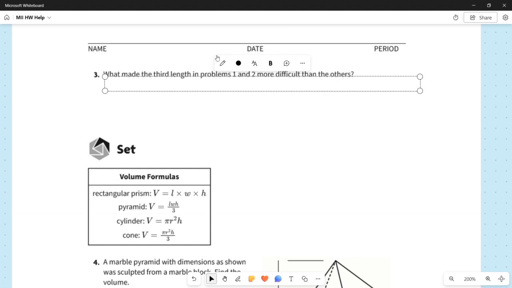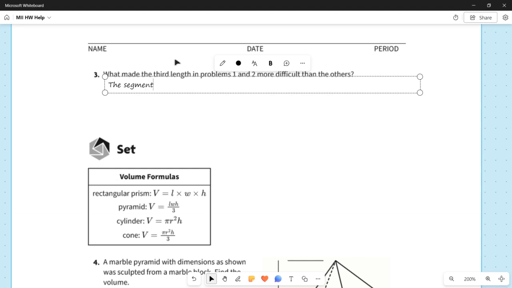So what made this more difficult? In the original picture, the third side was slanted. Right? And so what that means is you can't count the lengths using the grid. So what made it more difficult is that the segment, we only did problem 1, so it's 1.